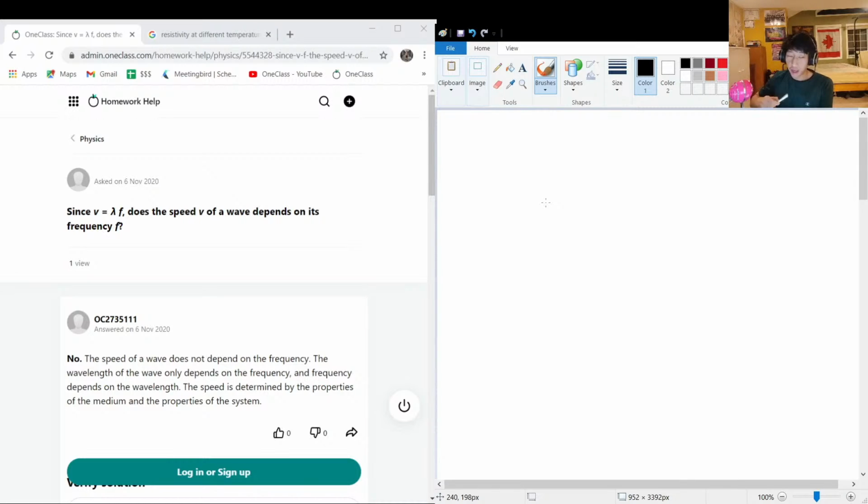So the next question that we have on the menu today is asking us, since velocity is equal to lambda, which is wavelength, times frequency, does the speed of the wave depend on its frequency? This comes from the universal wave equation.